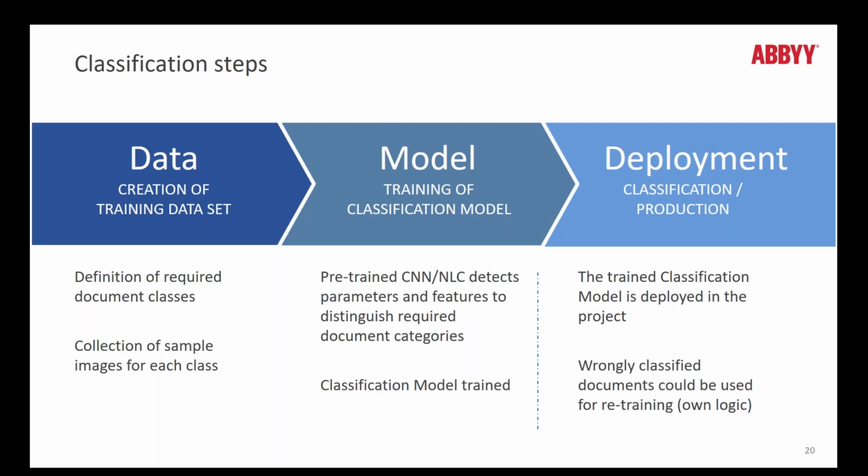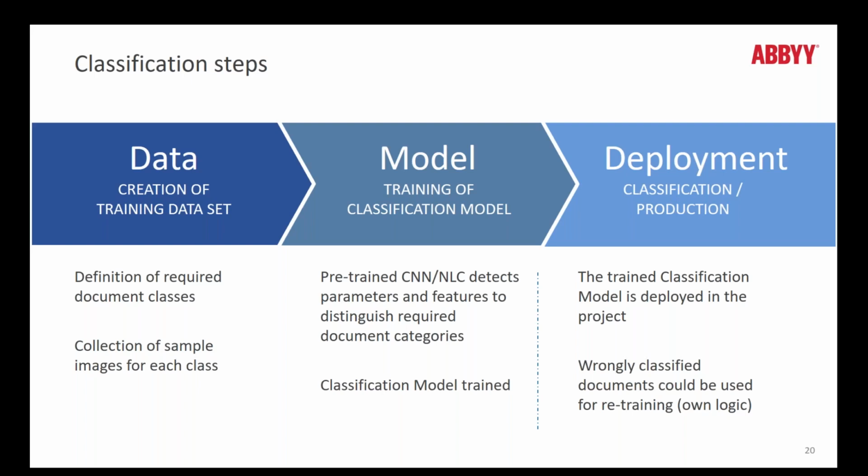First, as I already mentioned, we have self-learning algorithms here, and we need to teach it, which means we need to give a couple of examples. So the required document classes are defined in this step, and a couple of samples per category need to be identified. This is called basically the creation of the training data set. And with this training data set, the next step will happen.